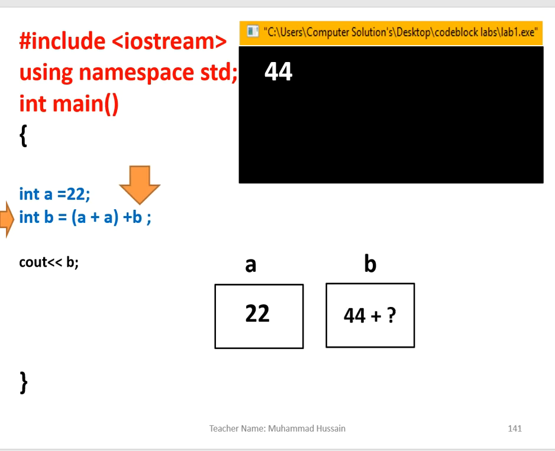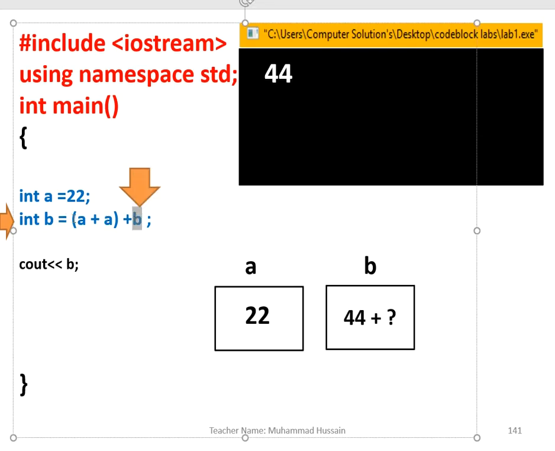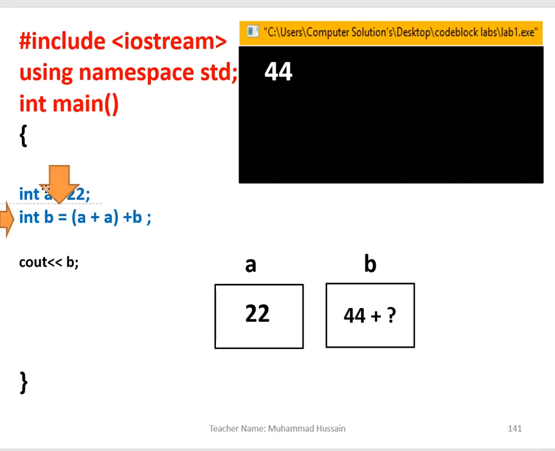And then the compiler wants to check what this B is. B is a variable, but we have not yet assigned any value to it. B is something not yet assigned, because it is in the process.